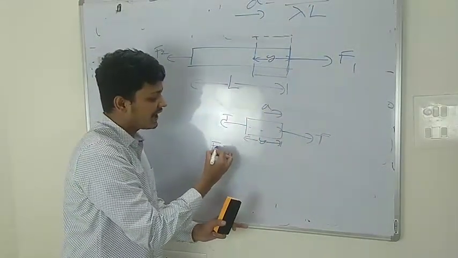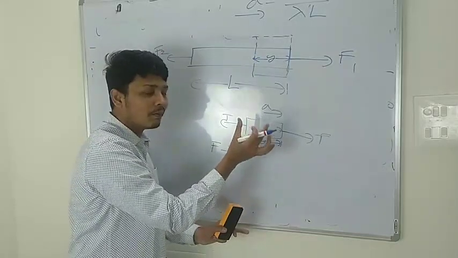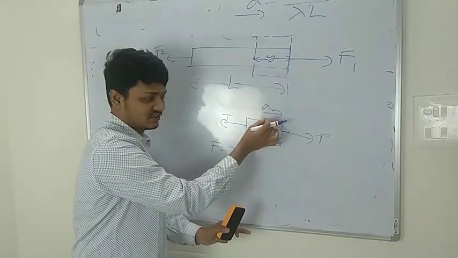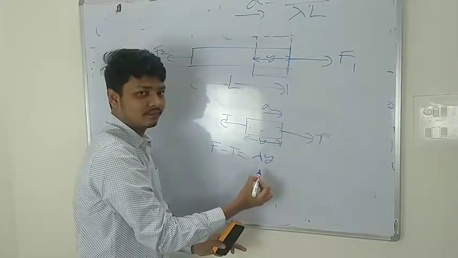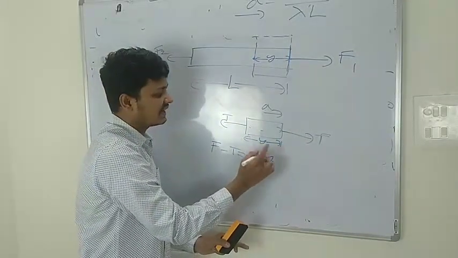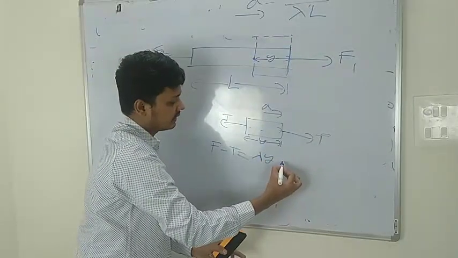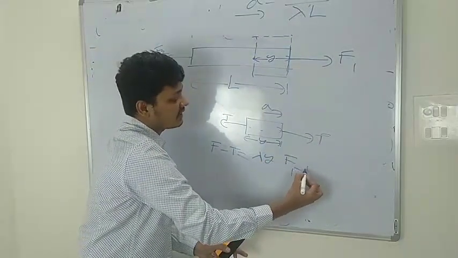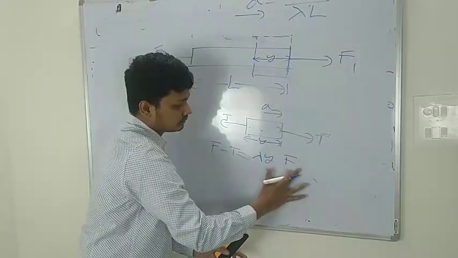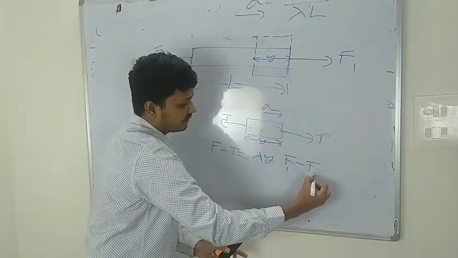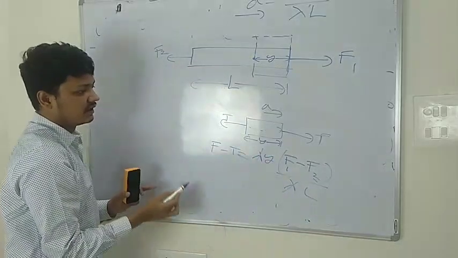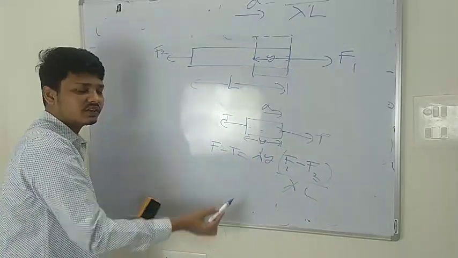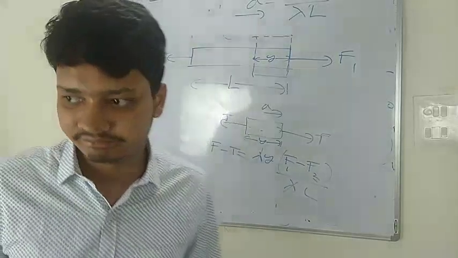So we write F minus T is equal to the mass of this part into acceleration. The mass of this part is lambda times y, where lambda is the linear mass density, and the acceleration is F1 minus F2 by lambda L. Lambda cancels with lambda. Now just solve this and you will get the value of T. Next one.